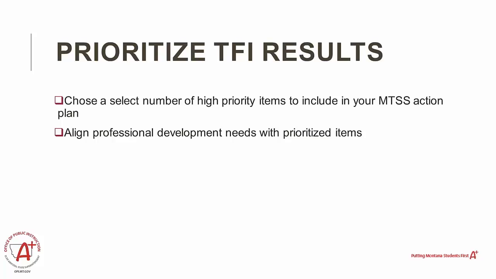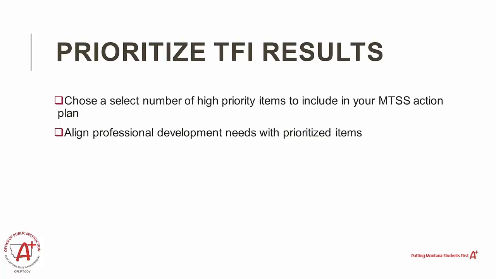So start selecting some of the high priority items that you want to include into your MTSS action plan. And then, how are we going to get there? The big step is starting that aligning your professional development needs with prioritized items. How are you going to make that happen?